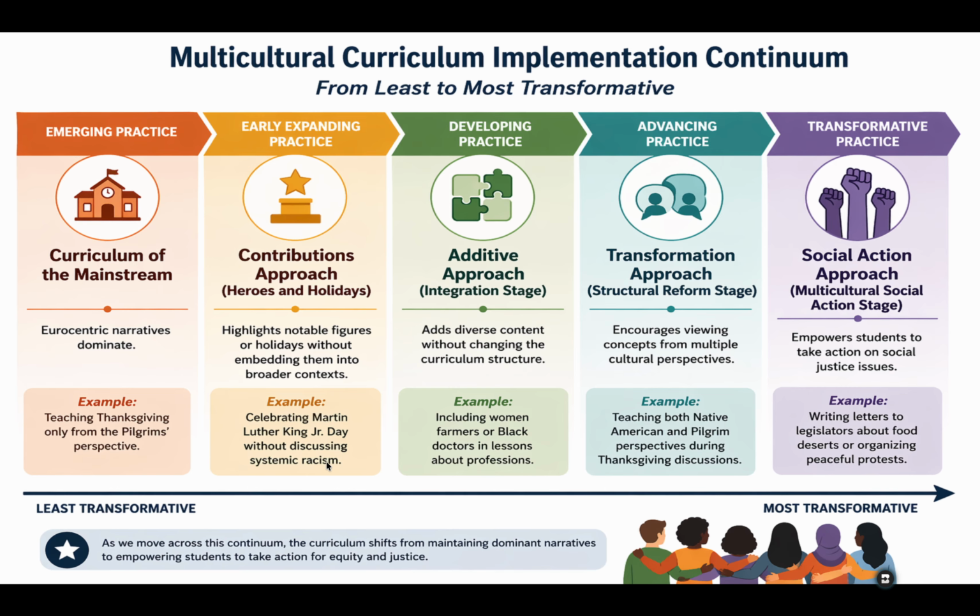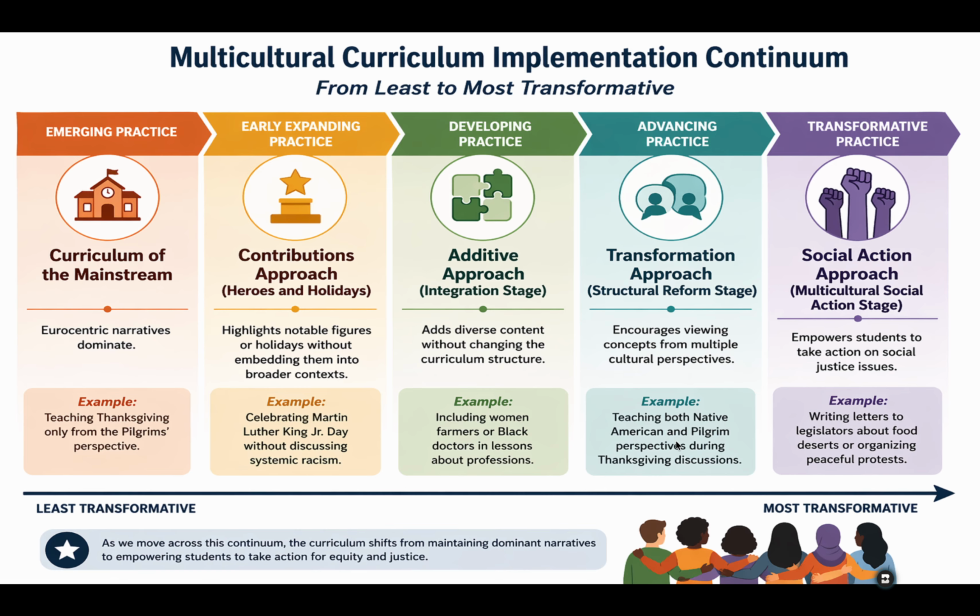So you only talk about Martin Luther King Day without discussing systemic racism, or you'll talk about Rosa Parks, but that's it. And then you have developing practice, which would be the additive integration stage. So now maybe you're talking about including women farmers, or talking about Black doctors in lessons about professions. So you're really thinking about how you can be more inclusive overall.